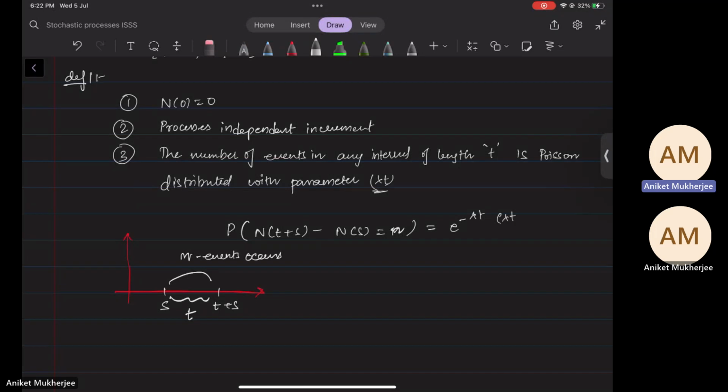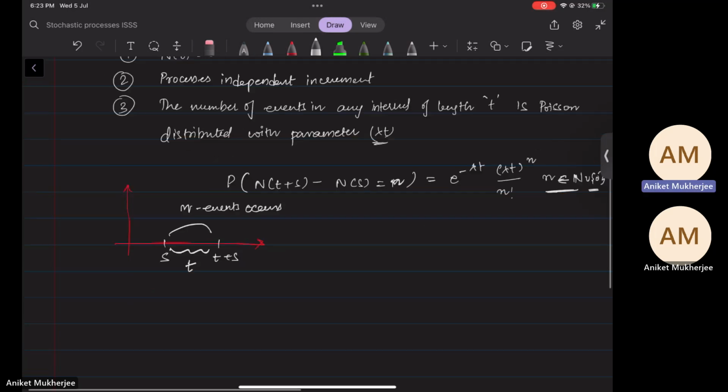So it is e power minus lambda t, times lambda t power n, by n factorial, where n is some natural number, and you can also have 0.